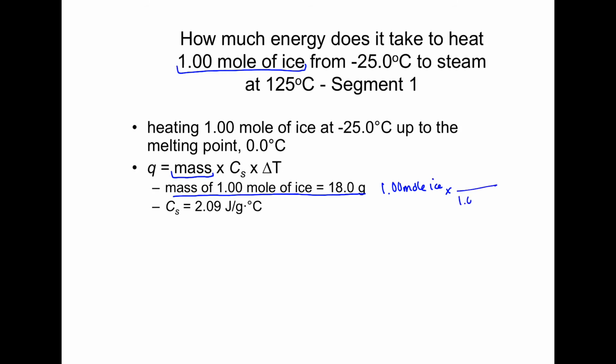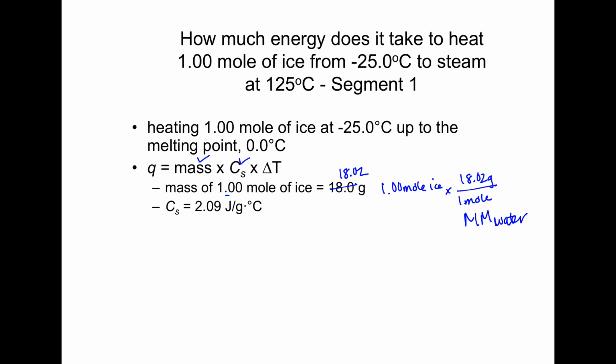Ice and water, 1 mole is 18.02 grams. So that's just the molar mass of water. And so in these slides, I really should have put 18.02. So now I have my mass.